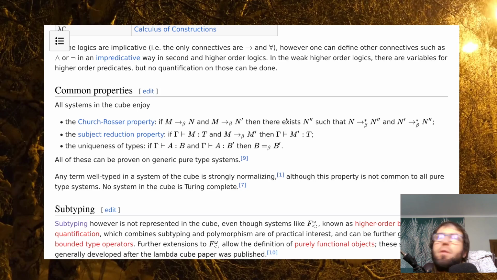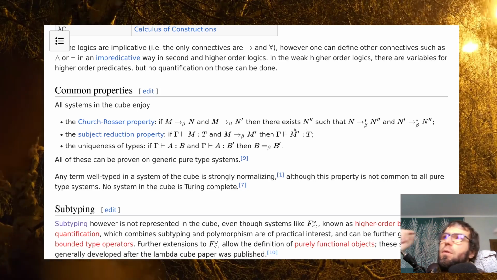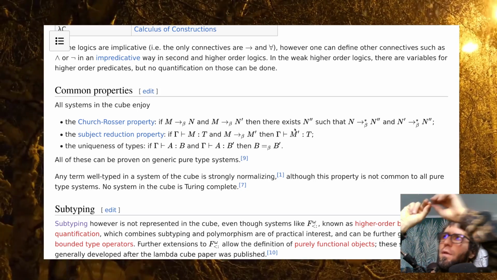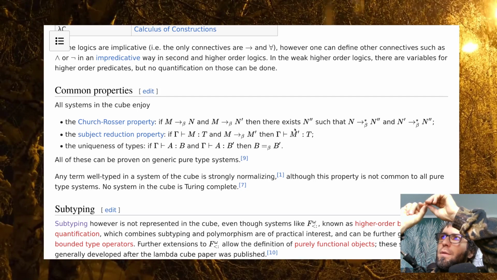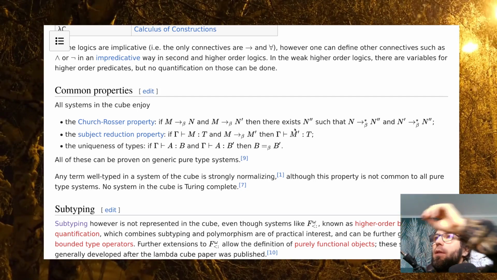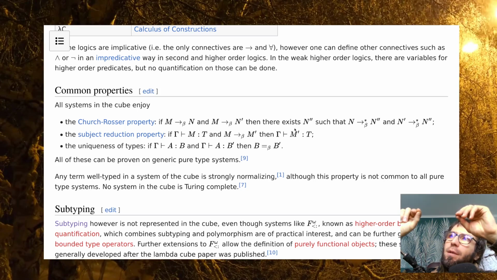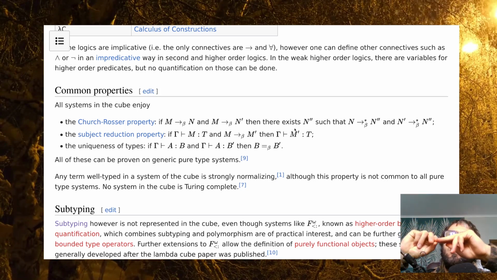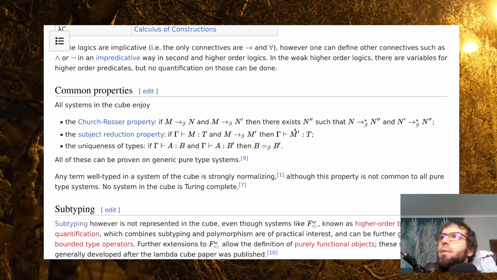In other words, if we have some term and do beta reduction and go two ways, then eventually we can go to one final point to which we can reduce this term.